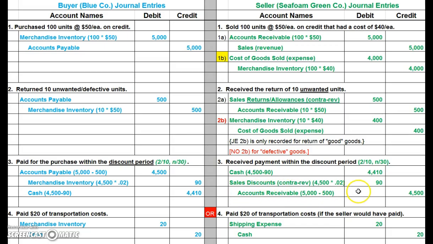Accounts receivable, which was debited for $5,000 in journal entry 1A, but credited for $500 in journal entry 2A, needs to be credited for $4,500. However, the debit to cash then is for the $4,500 minus the $90 discount that we had already calculated. And so the debit to cash is $4,410.